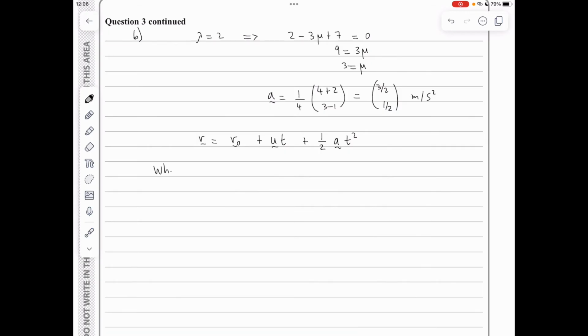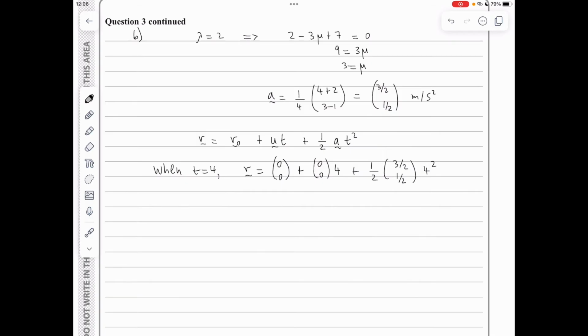So when t is 4, we simply say that the position vector is 0, 0 plus 0, 0 times 4 because the particle was initially at rest, plus a half times (3 over 2, a half) times 4 squared.